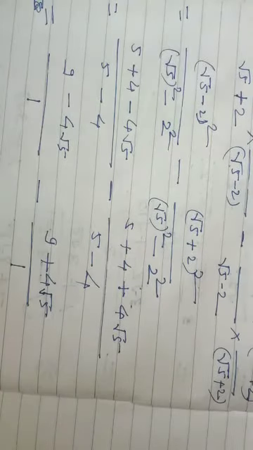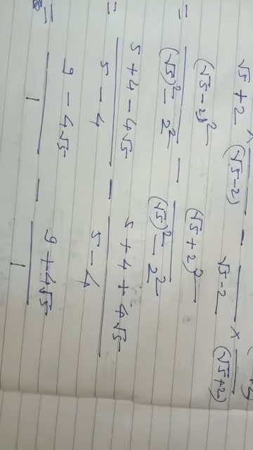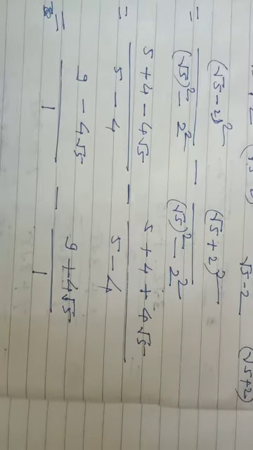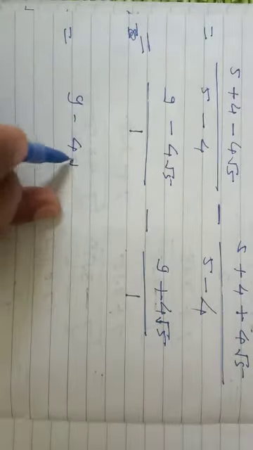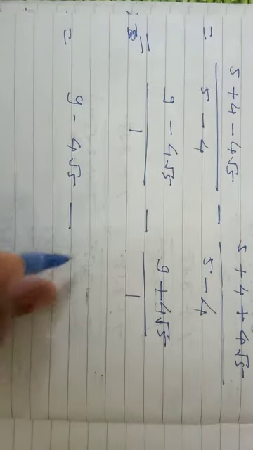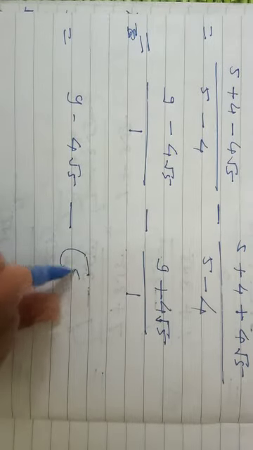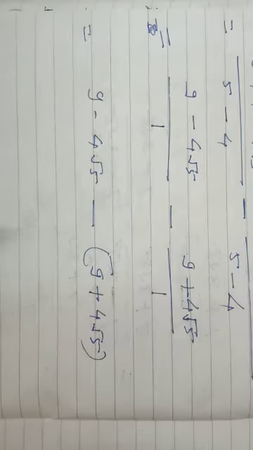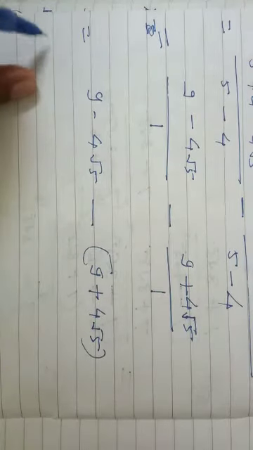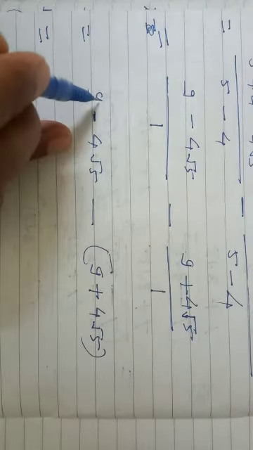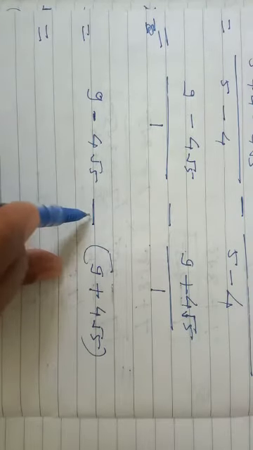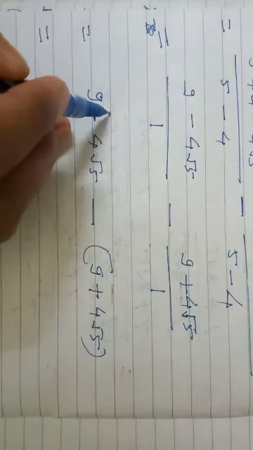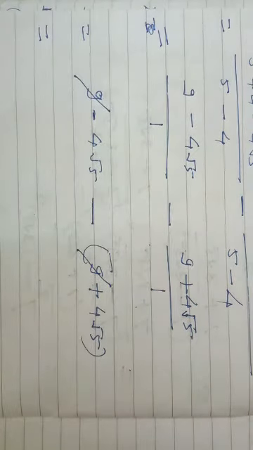Okay, so 1 is in the denominator, so you can write directly the value 9 minus 4 root 5 minus bracket 9 plus 4 root 5. You can see this is 9, and when you multiply by the minus sign, that will be minus 9, so plus 9 and minus 9 cancel.